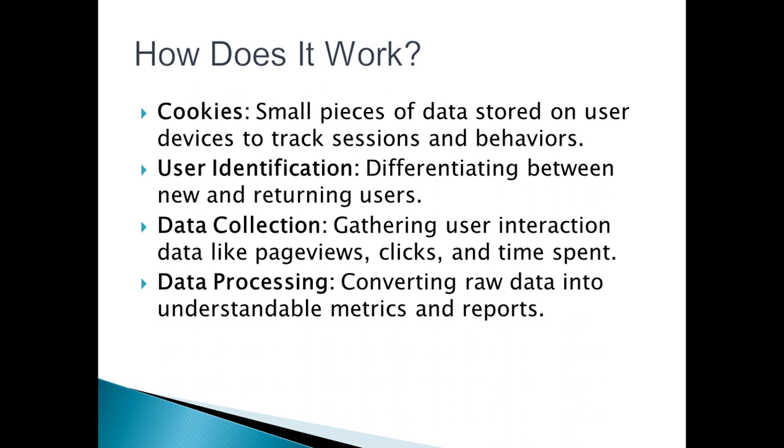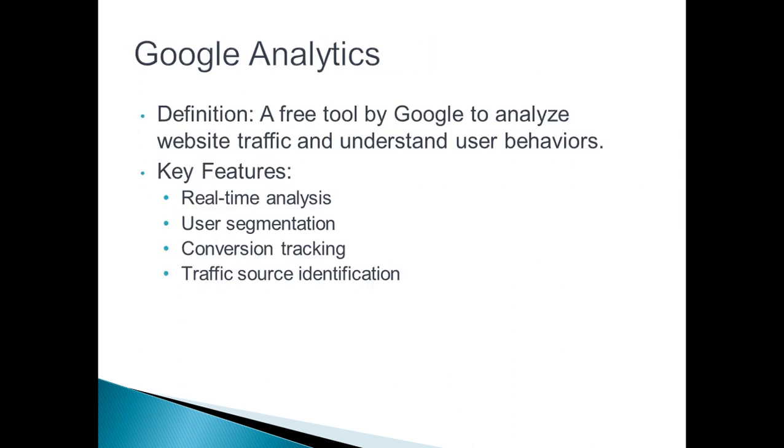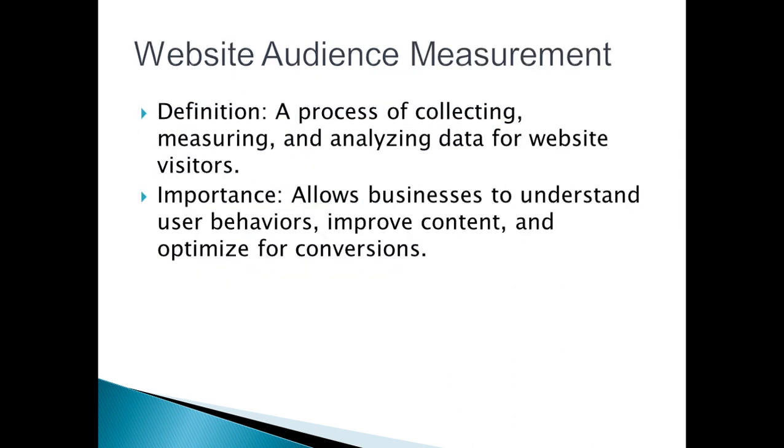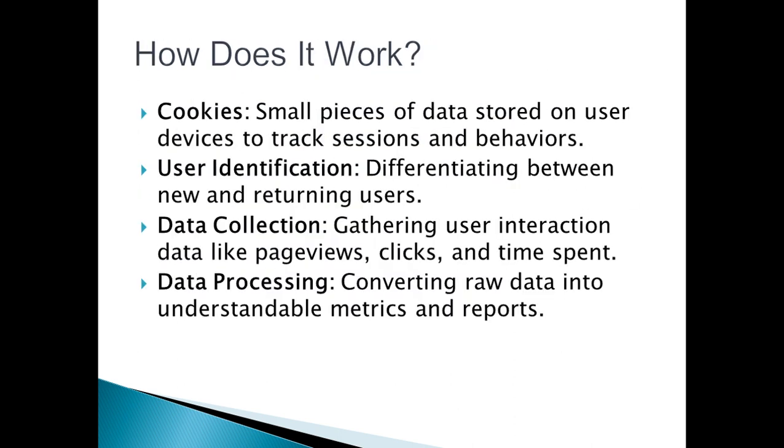Data collection is gathering user interactions like page views, clicks and time spent. Data processing is converting raw data into understandable metrics and reports. This is how Google Analytics and your website audience measurement works.